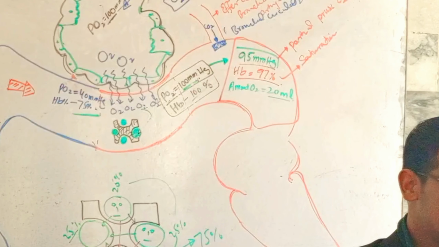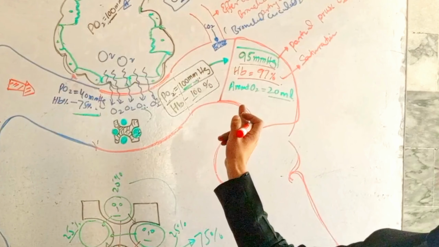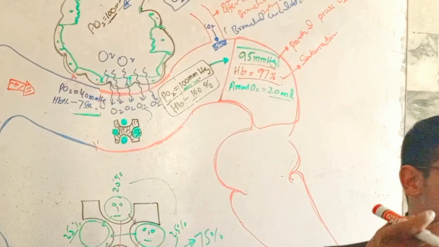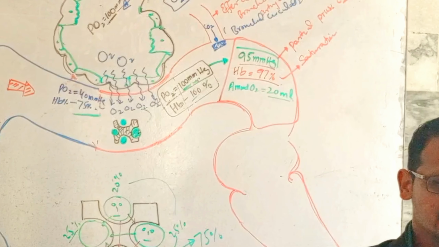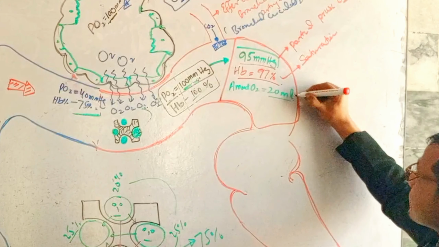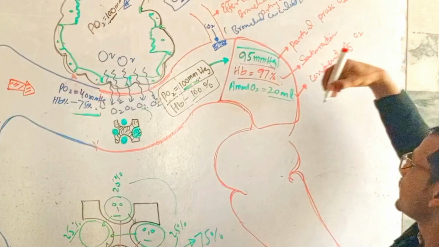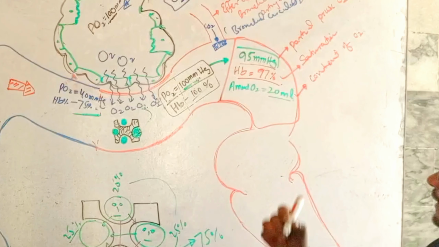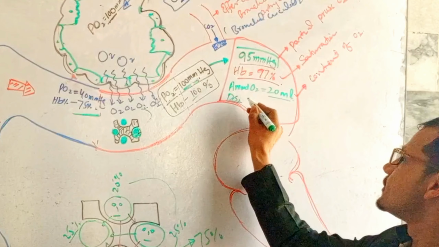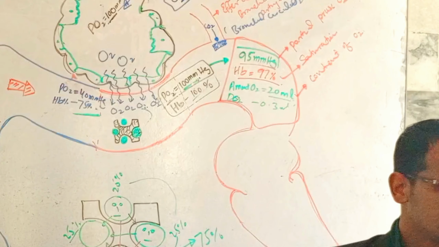Now I hope you understand why doctors use oximeters for oxygen saturation, because it measures the amount of oxygen in your blood, which is very necessary for your body. This is that saturation, and this is the content of oxygen in blood. We will add one more thing, the dissolved oxygen, which is 0.3 ml.